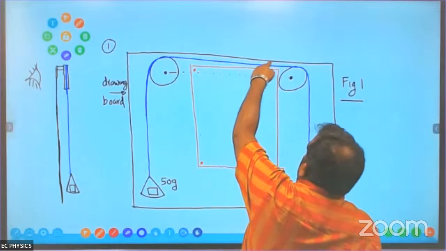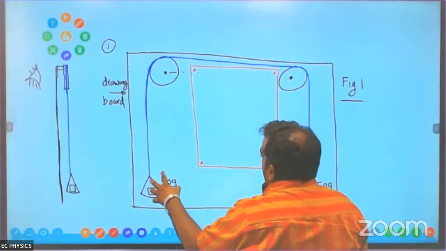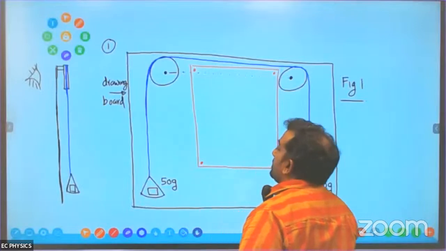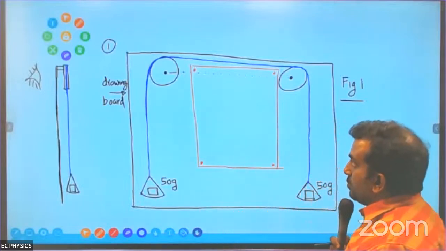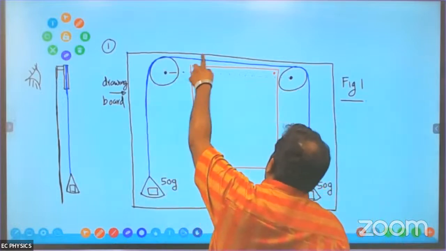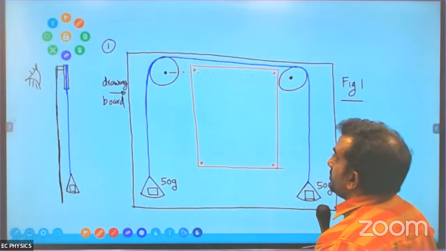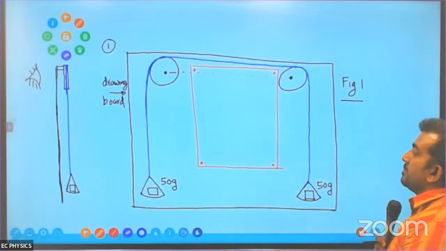We send a string over the pulley and place 2 known weights.